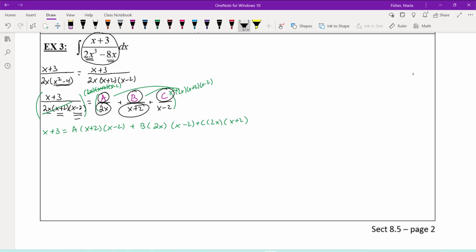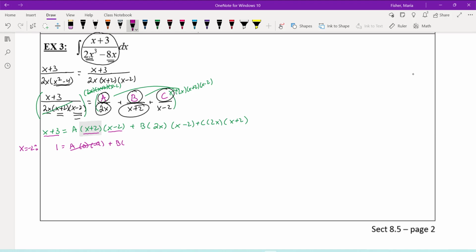If I'm choosing convenient values, I need to figure out what do I plug into x plus 2 so that term becomes a 0. Well, I would have x equal negative 2. If x is equal to negative 2, I would get negative 2 plus 3 is 1 equals a. Negative 2 plus 2 is 0. Negative 2 minus 2 is negative 4, but I'm multiplying by 0, so that term goes away.